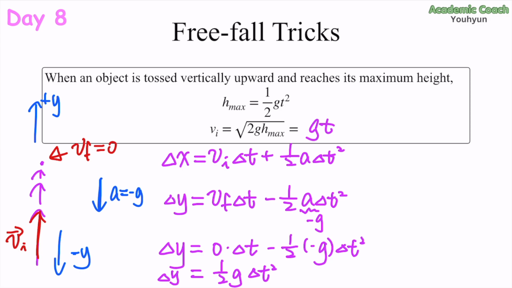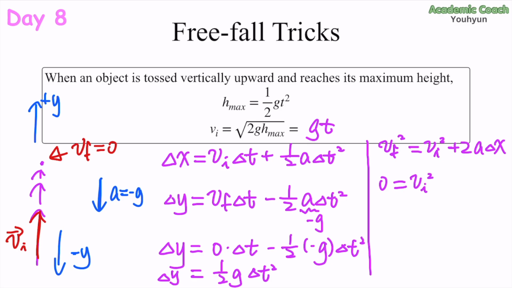We can get the first one, v initial equal to the square root of 2 g h max, by applying kinematics equation 3: v final squared is equal to v initial squared plus 2 a delta x. V final squared is again equal to 0. Acceleration is negative g.